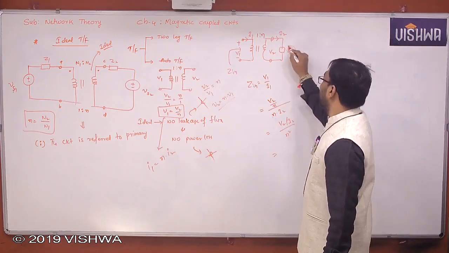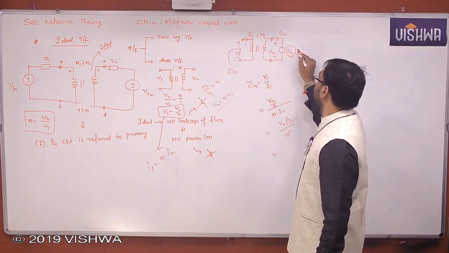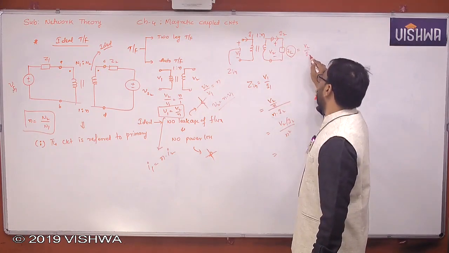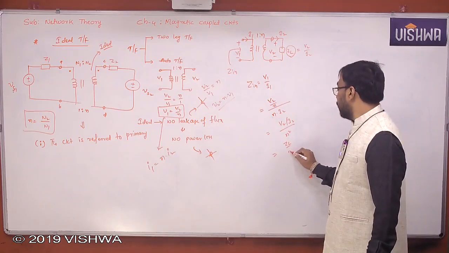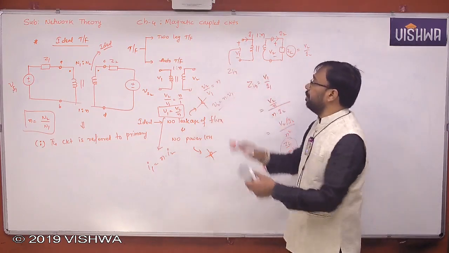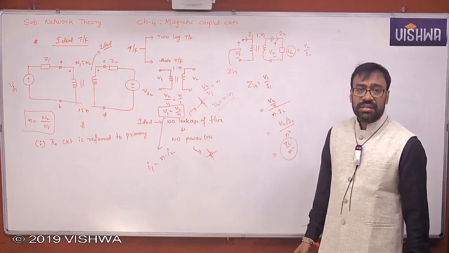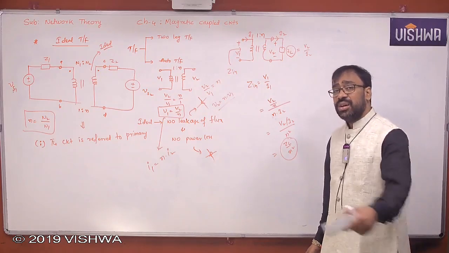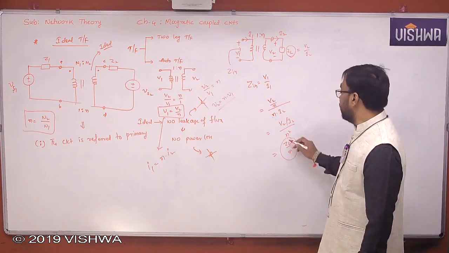But ZL is nothing but V2 by I2, agree? Therefore, ZL by n square. So what is proven here? The impedance seen into the transformer from the primary terminals is observed to be ZL by n square.